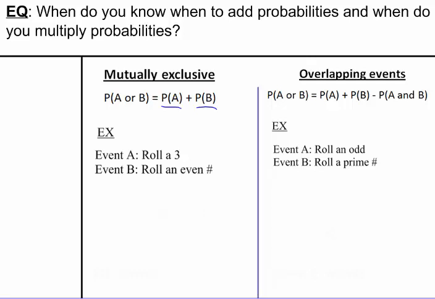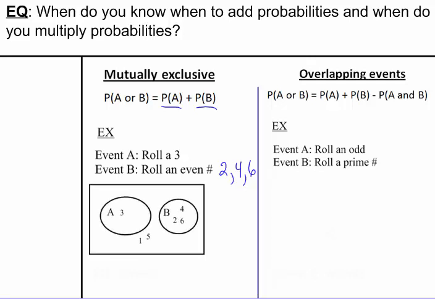Okay? So there's only one way to get a 3. This is a regular 6-sided number cube. So there's only one way to get a 3. That's, you get the 3. If you roll an even number, that's a 2, a 4, or a 6. So there are 3 ways to get an even number. So it would look like this. You also have a couple other numbers on the number cube that are not part of these two groups.